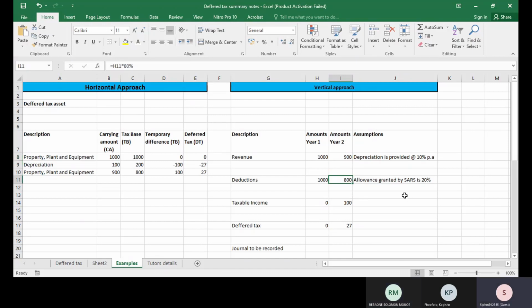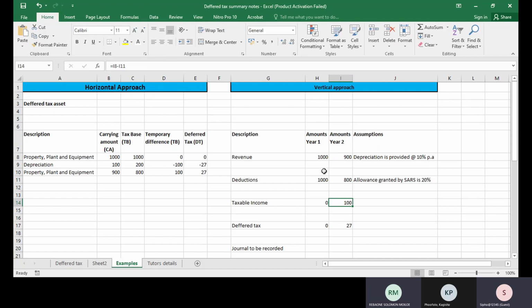And then SARS is going to give you a deduction of 200, because every year, if you're generating revenue of 100 rand, SARS is going to give you a deduction of 200. So at the end, you need to show to the users that I have a taxable income of 100 rand. You know how to calculate taxable income in terms of tax?